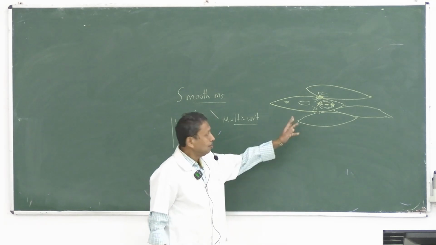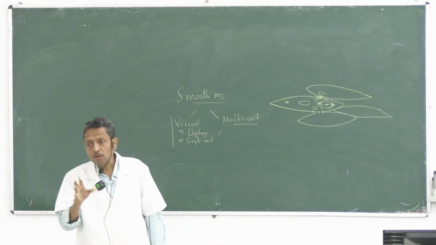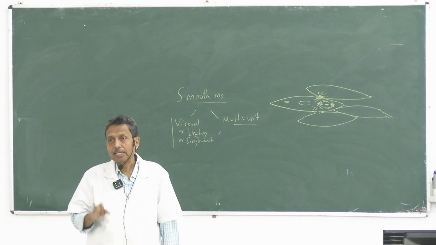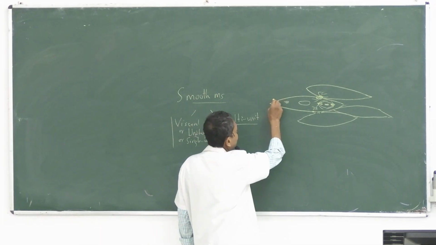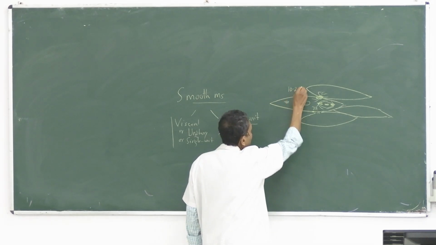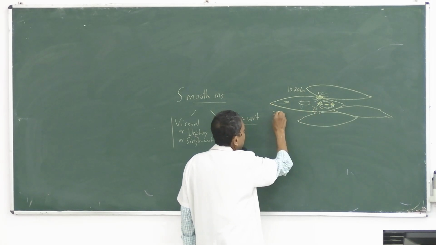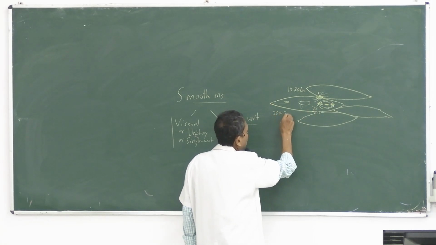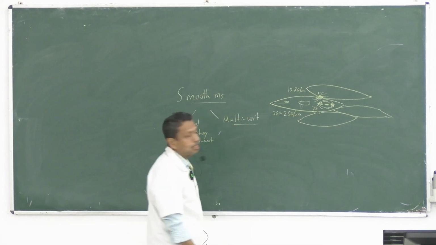So a group of muscle can contract. Individual cells have a diameter of 10 to 20 μm and a length of approximately 200 to 250 μm. It is variable. In this way they are disposed in layers.